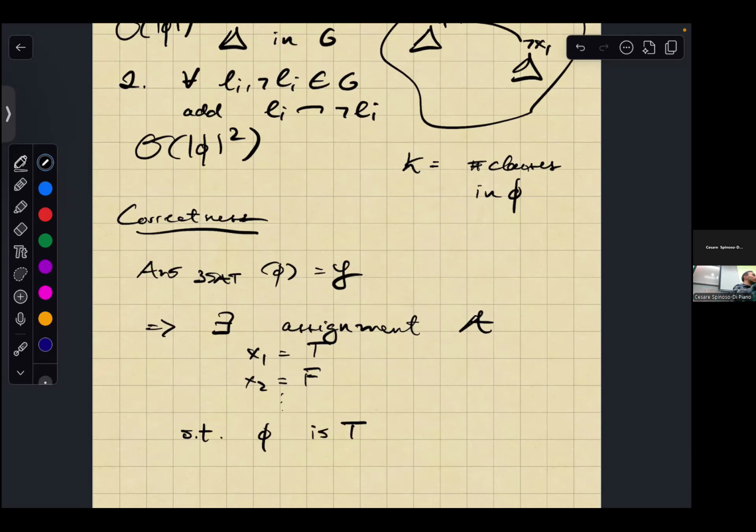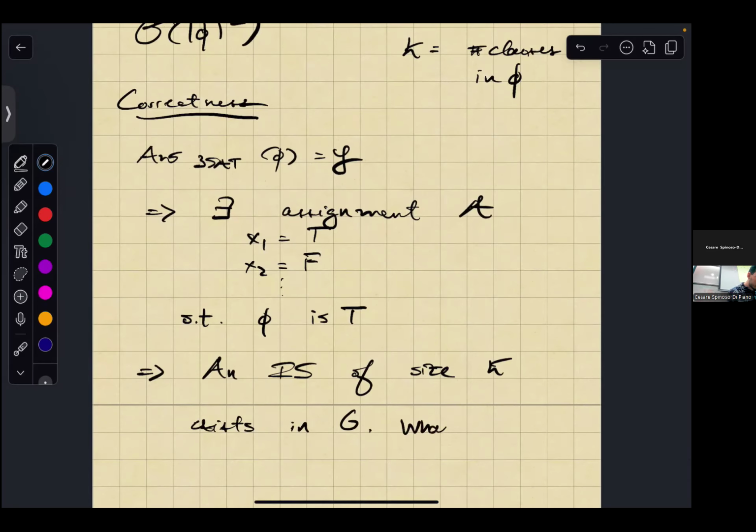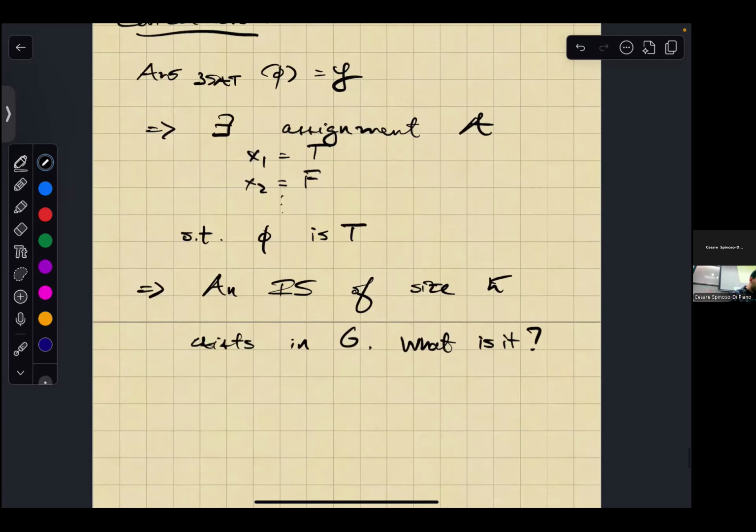And to do this, I can just construct the independent set. So it's a proof by construction, right? So I can argue that an independent set of size k exists in G, right? What is it? Well, essentially, it's defined this way.